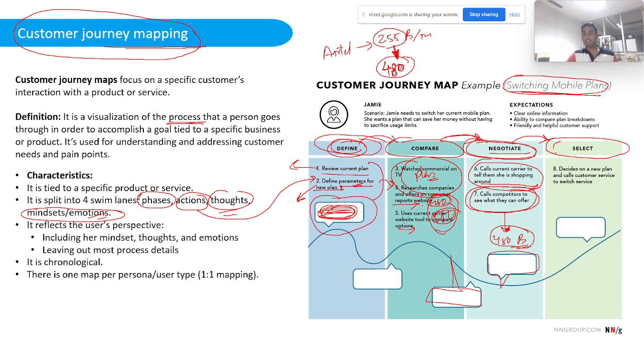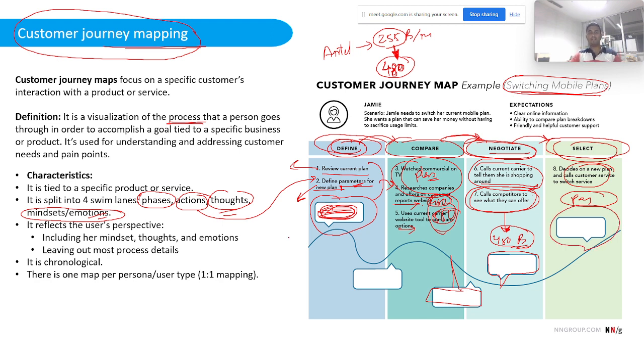Then finally he selects a particular mobile plan and activates it. Then he calls the customer care service and asks them to switch to this particular service, and he probably pays for it. So during that process also, whatever thought processes and emotions come across, you need to map those.